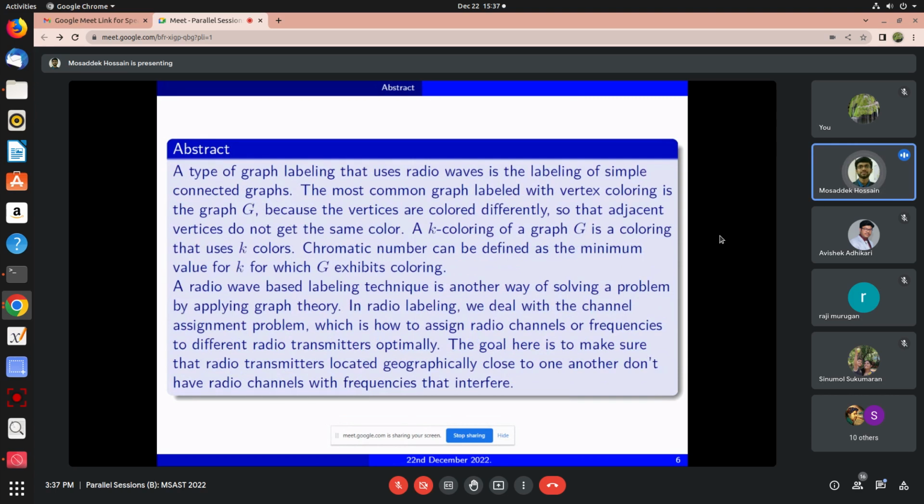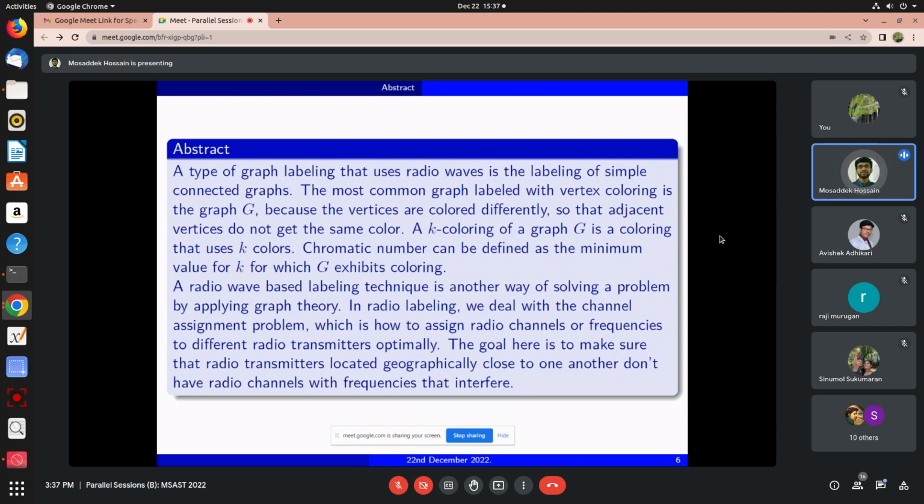A type of graph labeling that uses radio waves is the labeling of simple connected graphs. The most common graph labeling is vertex coloring of the graph G, because the vertices are colored differently so that adjacent vertices do not get the same color. A k-coloring of a graph G is a coloring that uses k colors.